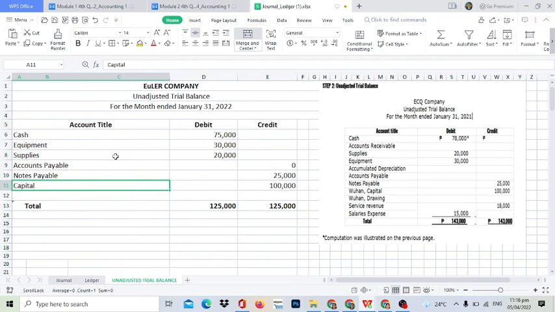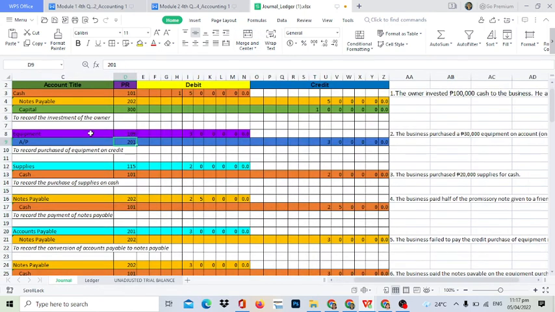After pong masummarize yan, ito-total po natin yung amount under debit, and then total the amount under credit. So, yung total po nito is 125,000, yung debit, and then credit is 125,000. Pag nag-balance po yung debit and credit means your recording in the general journal is correct.